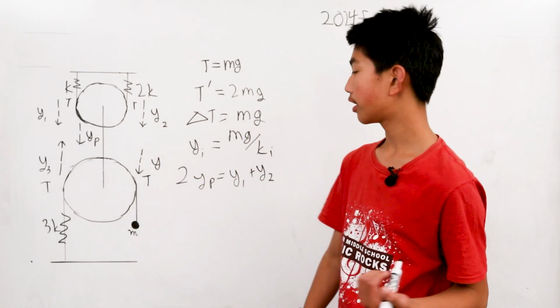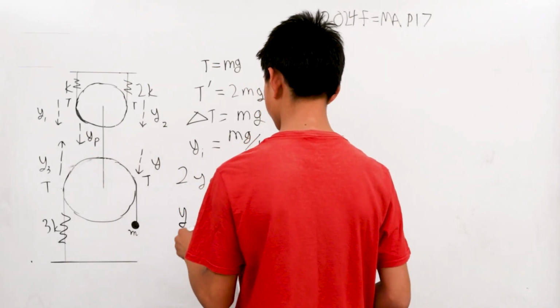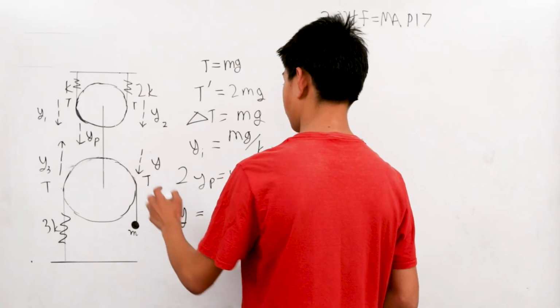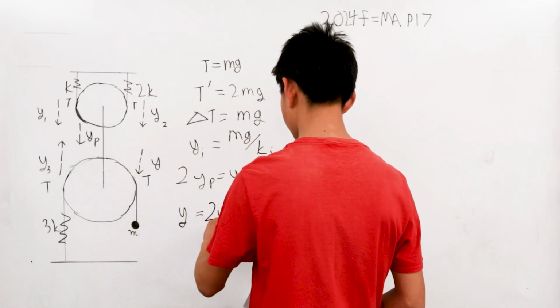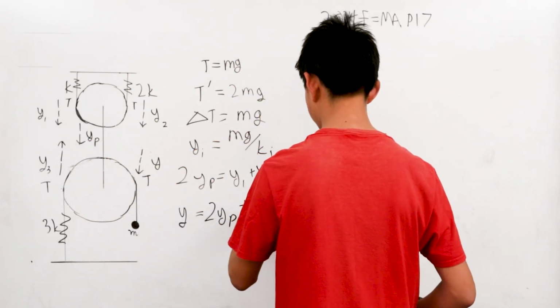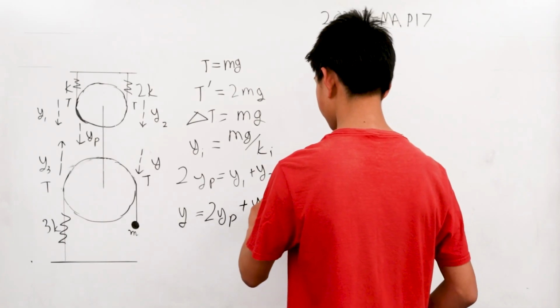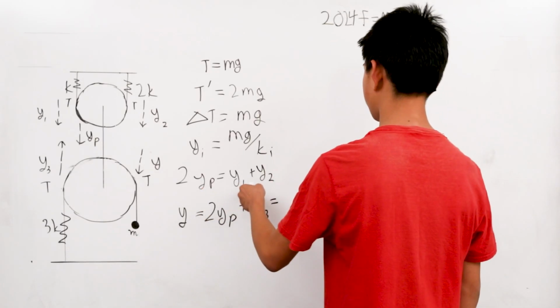So we can say that the magnitude in which y happens is going to be the 2yp pushing down on it, but then you have to add the y3 pushing up on it. And since we have 2yp, that is y1 plus y2.